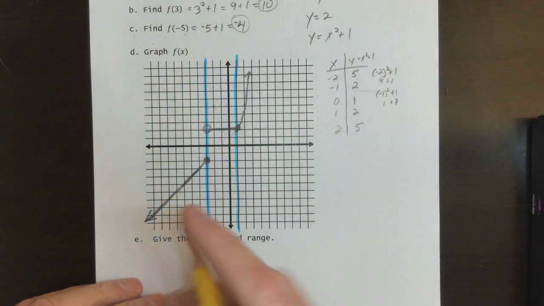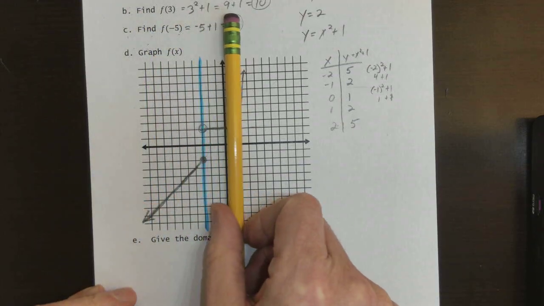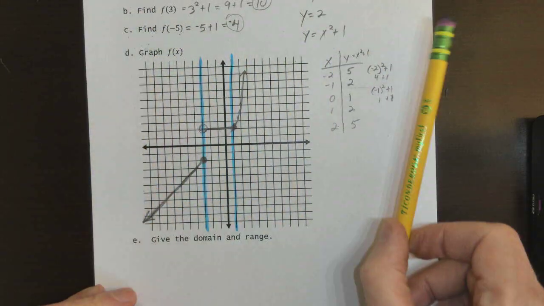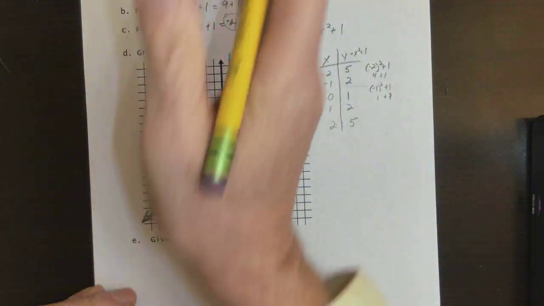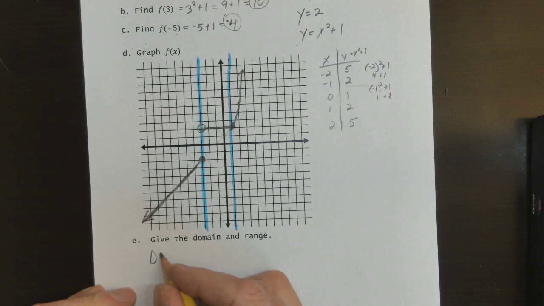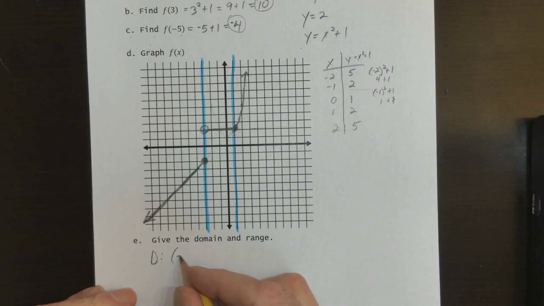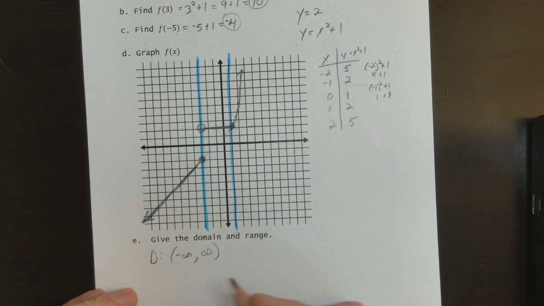I like to look at the graph. I think we're not going to have anything stop us going left to right. There's no stopping point here. That arrow keeps going right and it keeps going up. So the domain, I'm going to go negative infinity to infinity.